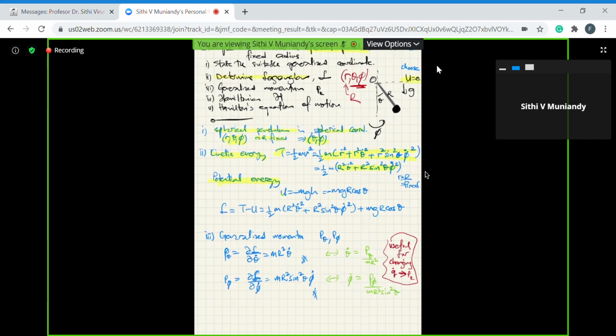The potential energy is written in general as mgh, and h is R cos theta, this particular distance, this length of the rod. This is your angle, this is your R, and therefore this is R cos theta.